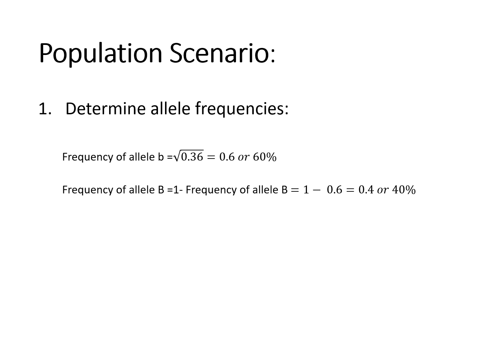This is the frequency of the recessive allele b. To find the frequency of the dominant allele B capital, we subtract 0.6 from 1, giving us 0.4, or 40%. Together, these values give us a clear snapshot of the gene pool in this rabbit population.